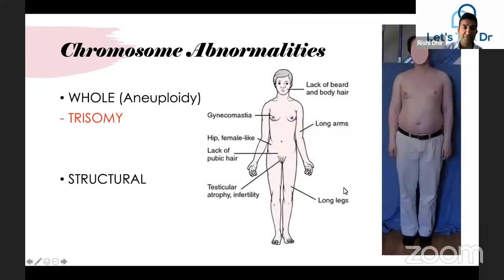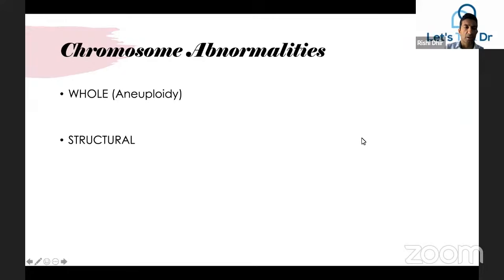Or you can have Klinefelter syndrome, where you gain an extra X chromosome, XXY. It's seen in males, but they typically have female characteristics: lack of body hair, gynecomastia, female-like hips, lack of pubic hair, testicular atrophy, or infertility. Those are your whole chromosome abnormalities.